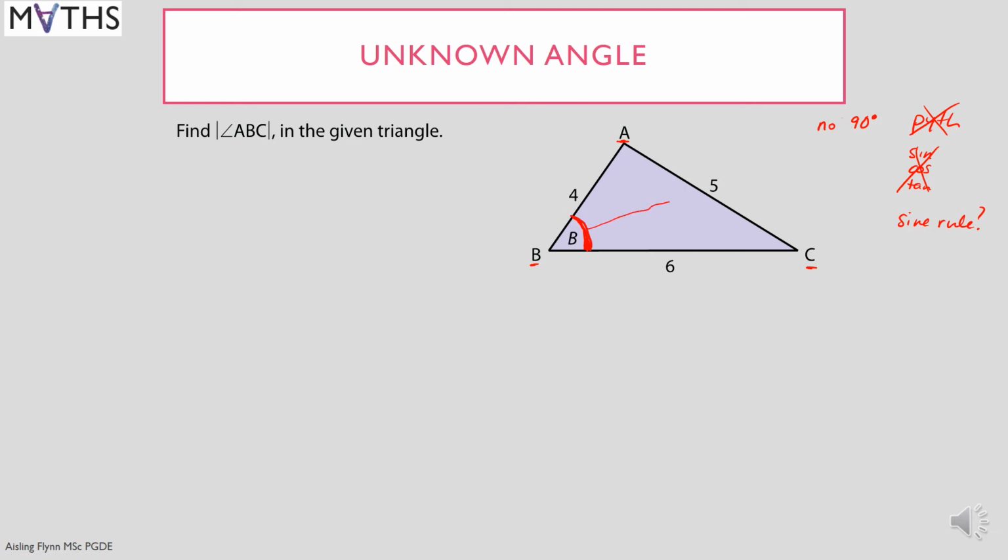So this angle at B here goes with its opposite side, which is 5. We have the side 4, but we do not know the opposite angle. We have the side 6, but we know nothing about the opposite angle. So we don't have 2 matching pairs, so we cannot use the sine rule. Okay, and therefore very quickly we're led to the cosine rule as our last option.